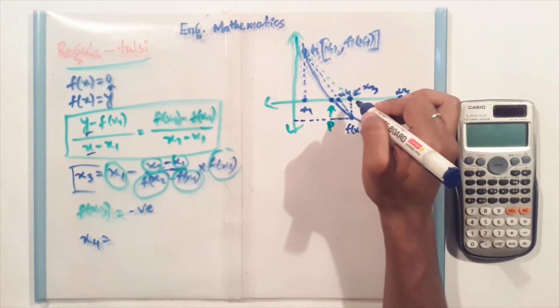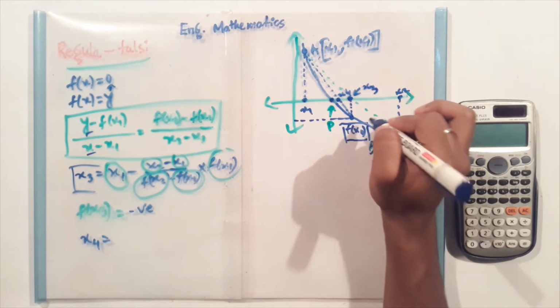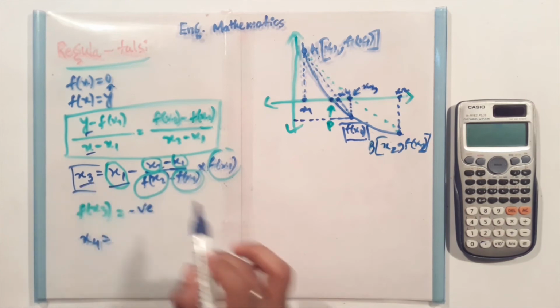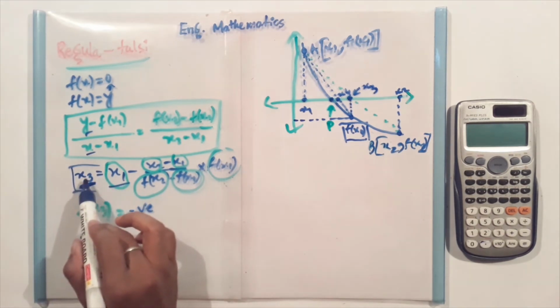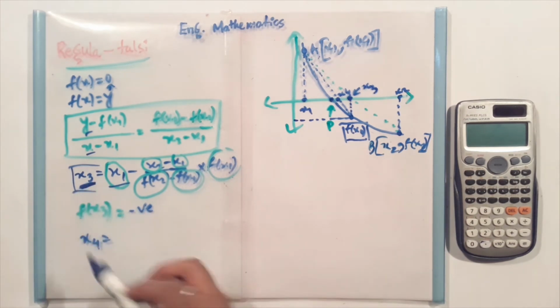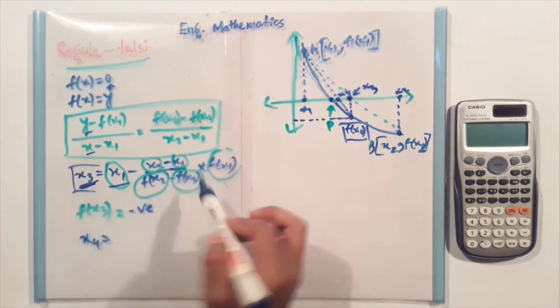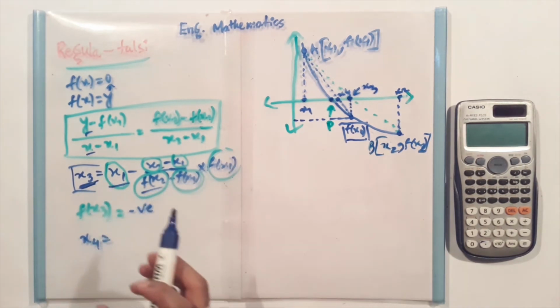One thing you should know here is that to find our first approximation x3, we needed two points x1 and x2, chosen in such a way that f(x1) and f(x2) are of opposite sign.